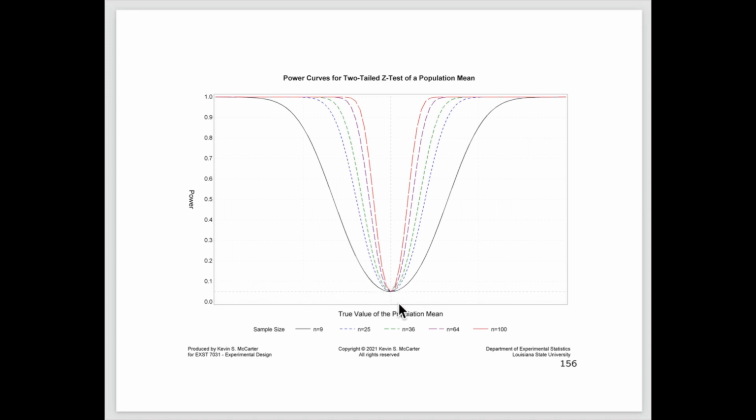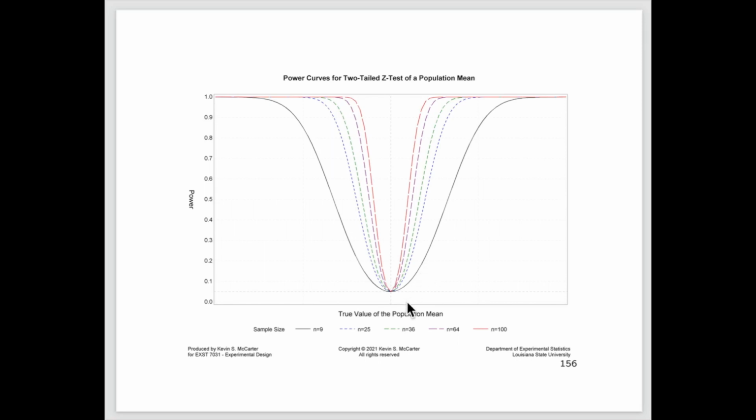For values of mu that are further away from mu naught, either to the right or to the left, we see that the probability of rejecting the null hypothesis, which is equal to the power of the test, increases. The further mu is from mu naught, the greater the chance of rejecting the null hypothesis.